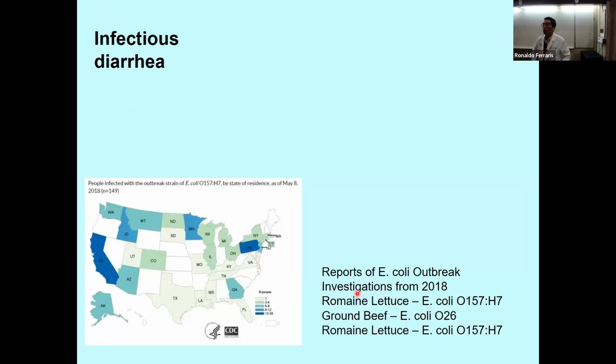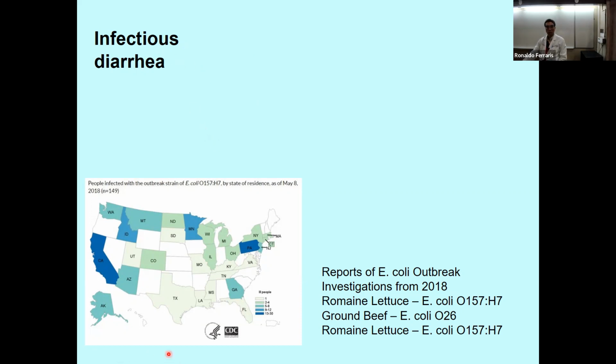Now, none of us have been exempted from having a diarrheal episode. So what actually happens in infectious diarrhea? This is diarrhea that's caused by a toxin coming from bad bacteria.